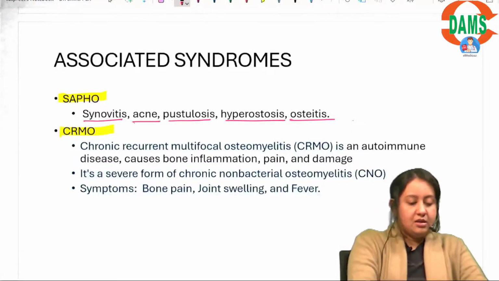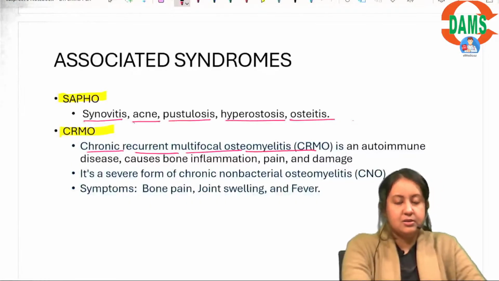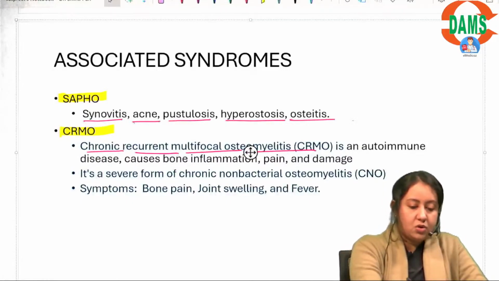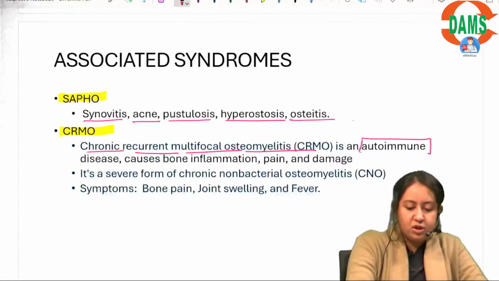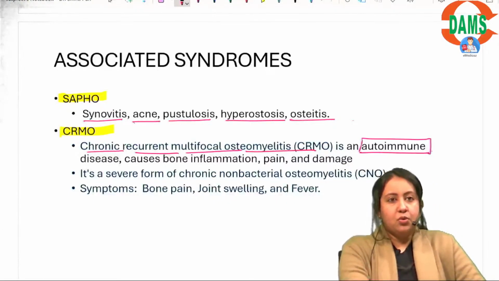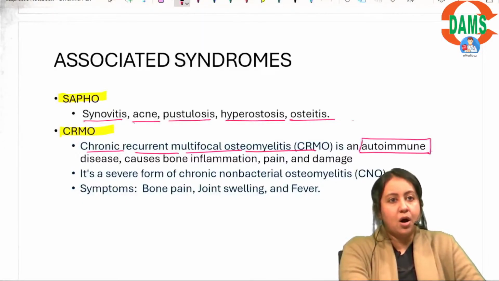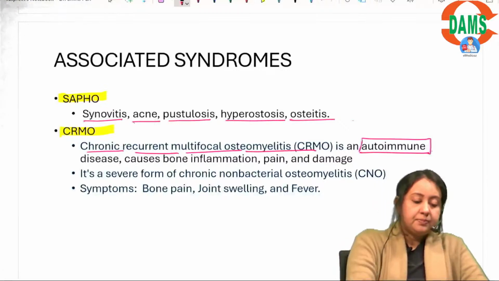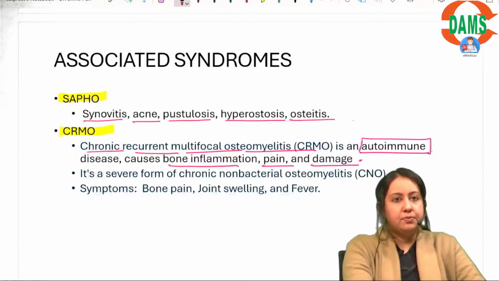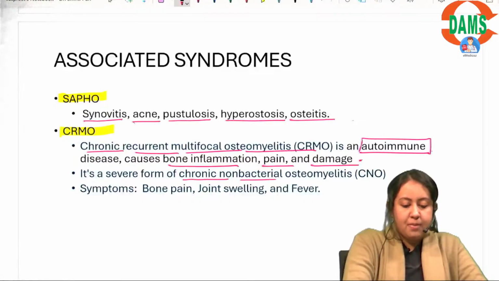Now CRMO, chronic recurrent multifocal osteomyelitis. What is this condition? This is an autoimmune condition. It usually happens due to an autoimmune mechanism in the body, not due to trauma or infection. This results in bone inflammation, pain, and damage to the bone, and it is a severe form of chronic non-bacterial osteomyelitis.